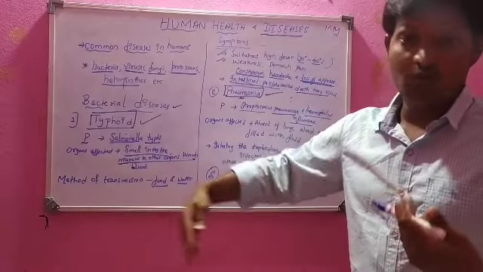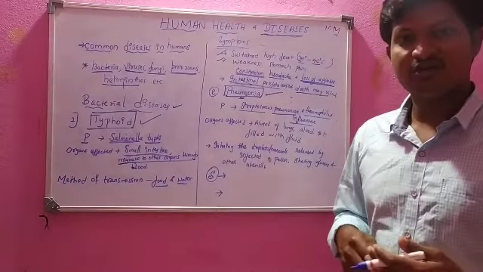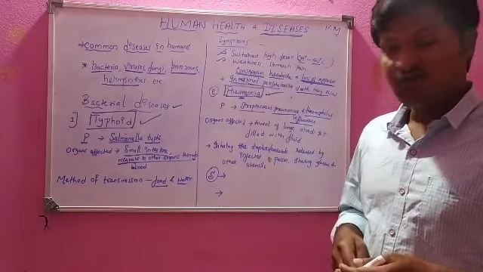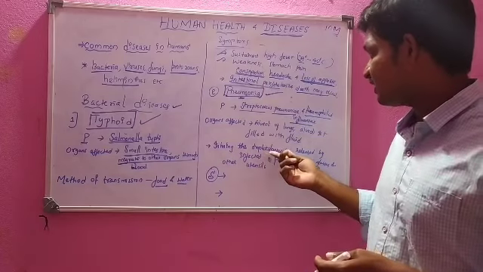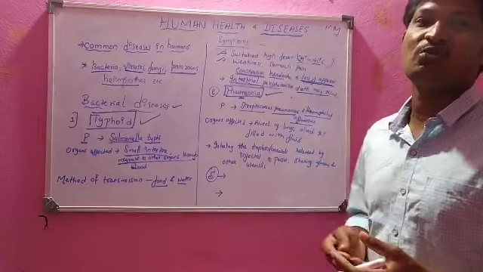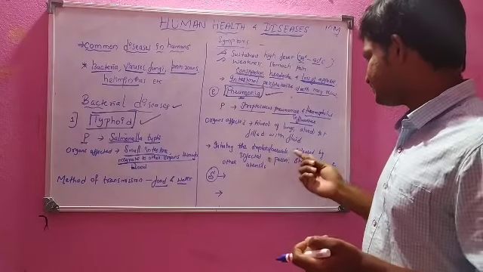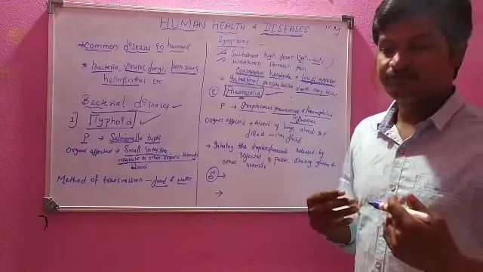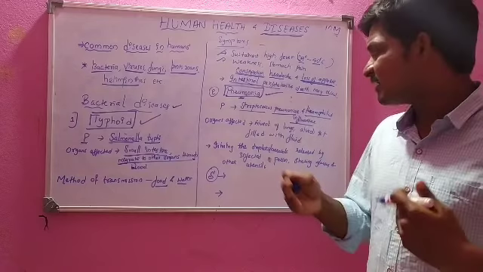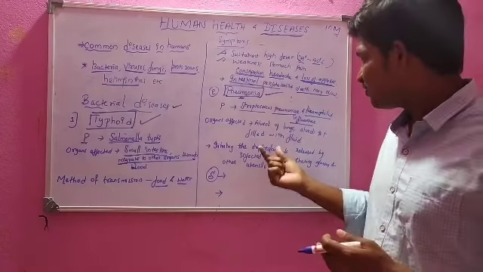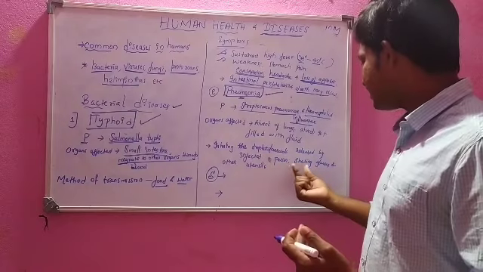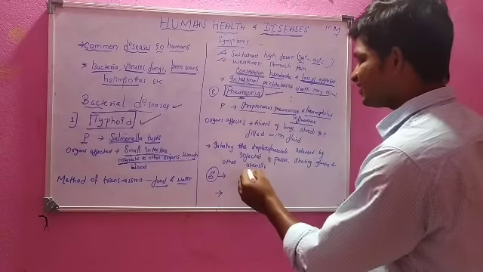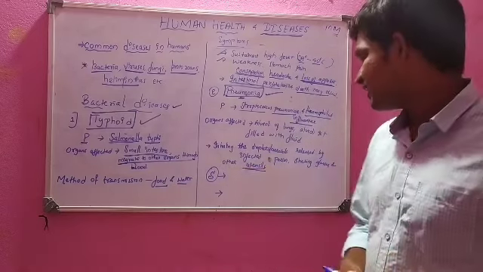Next, the mode of transmission is through respiration, inhaling droplets like aerosols. Aerosols are water droplets released by an infected person. When an infected person respires, droplets come out, and through that transmission occurs. Sharing glasses, plates and other utensils with an infected person also spreads it.